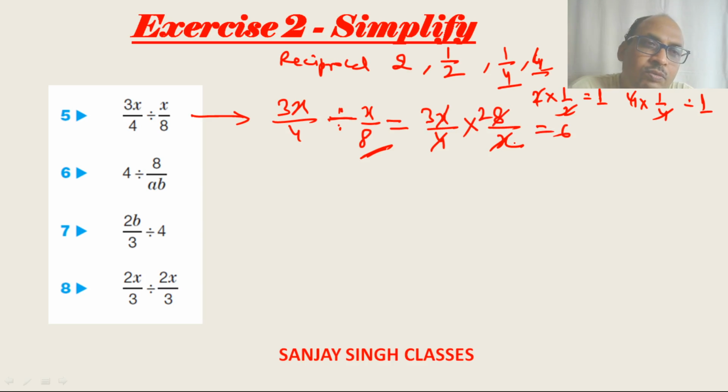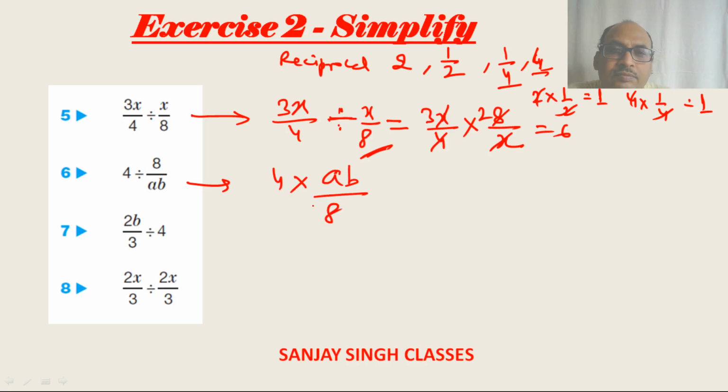So like this we need to solve it. Similarly 4 and then its reciprocal, if we make it, then it will become ab by 8. Okay, right. Here we can write like this. Then 4 into 8. So it will become ab by 2.